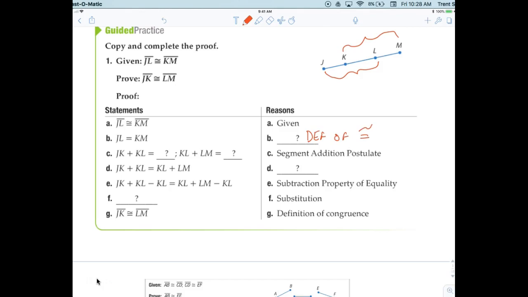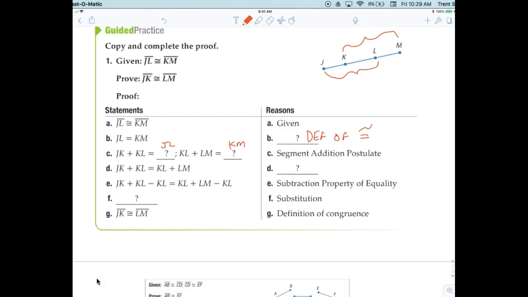JK plus KL is equal to what, please? JL. Now, the minute you don't know something, tell me. KL plus LM is equal to KM. Anybody have an issue with that?